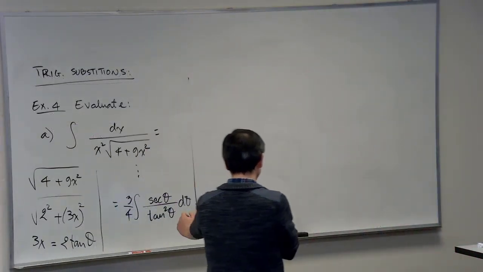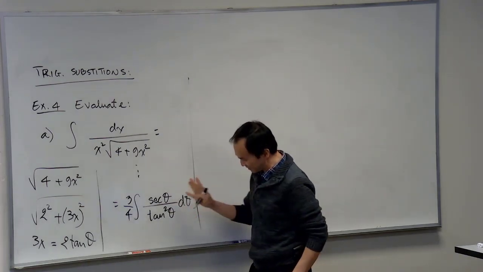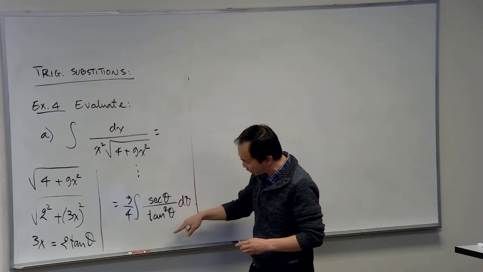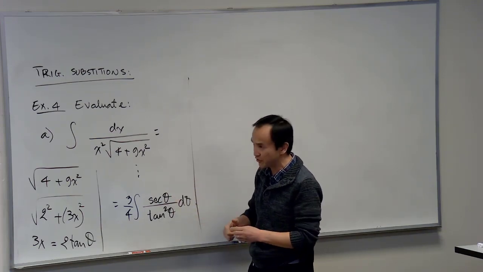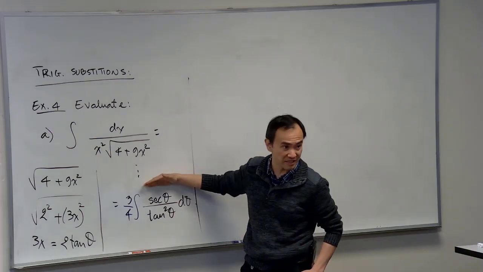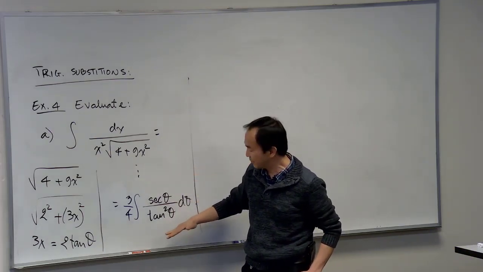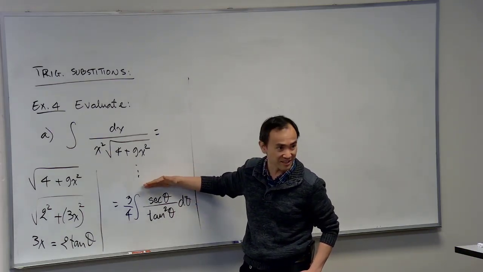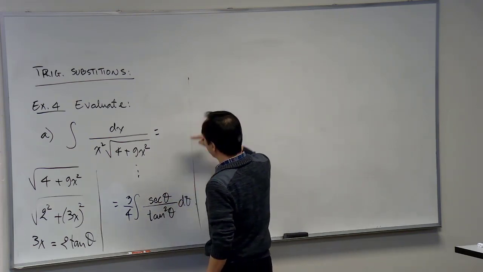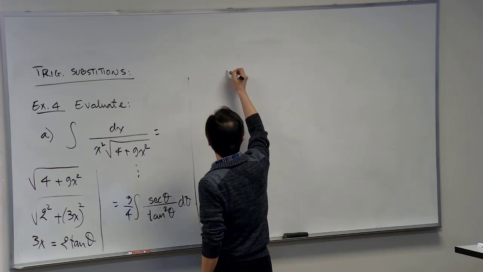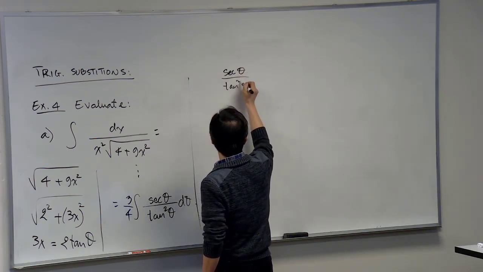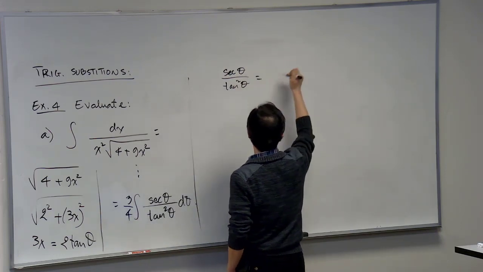And so with this one right here, this is an experience I want to add for you guys: when you are doing trig integrals in particular that have secant and tangent involved, and it's in a ratio where we got some power of secant on top and some power of tangent at the bottom, here's a trick we can do. Keep in mind that secant over tangent squared, you can rewrite this as secant is 1 over cosine.